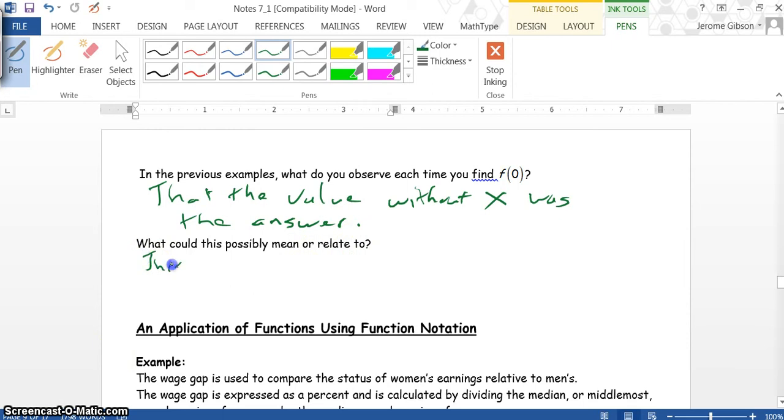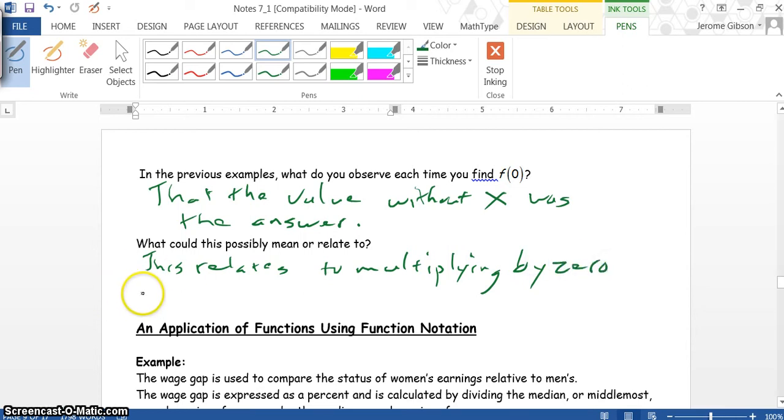This relates to multiplying by 0 and adding or subtracting to 0.